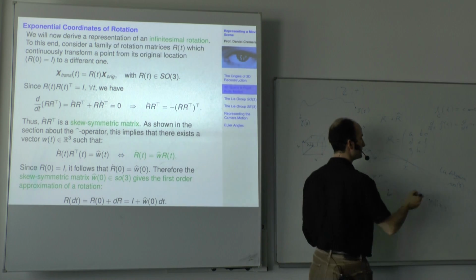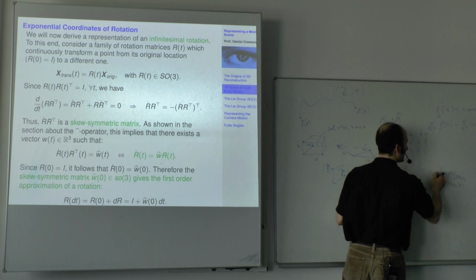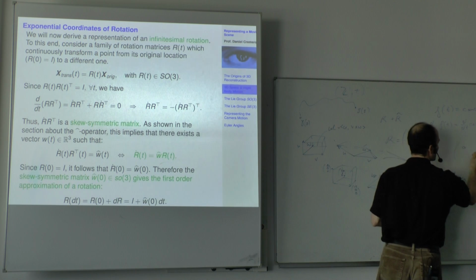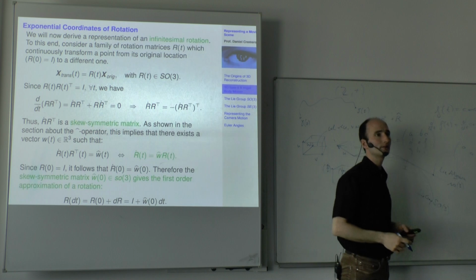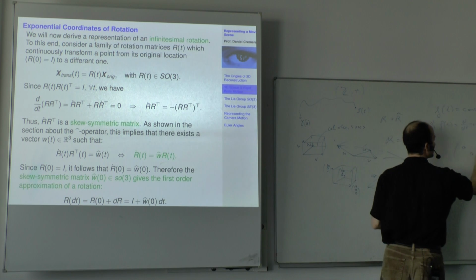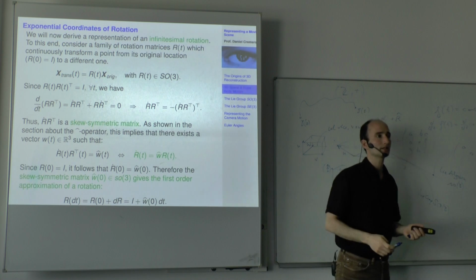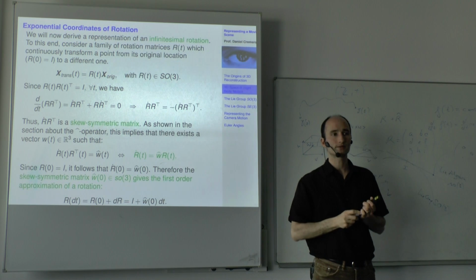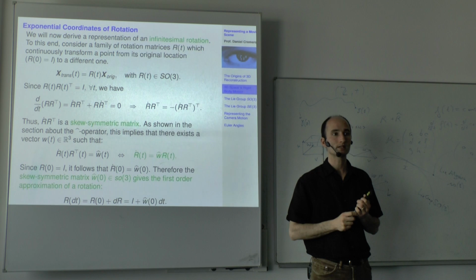So what you can do is define elements in the Lie algebra, and they are all of this type. They all have the diagonal 0, and they have some elements in the off diagonal and the negative of this on the other side.